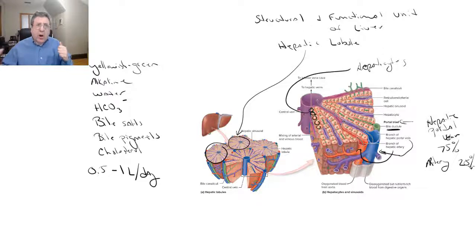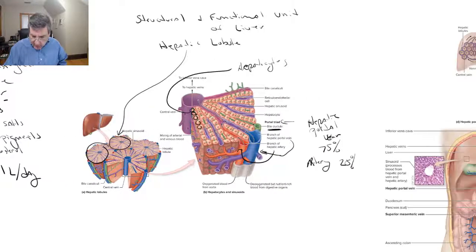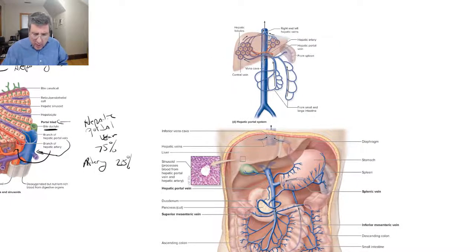And this is also carrying with it nutrients that have been absorbed by your digestive tract. So let's go over here real quick. In this top picture, you've got your inferior vena cava here. And these are the blood vessels that are absorbing the nutrients from your digestive tract. Okay, we're not talking about the fatty stuff that's in the lymphatic system.